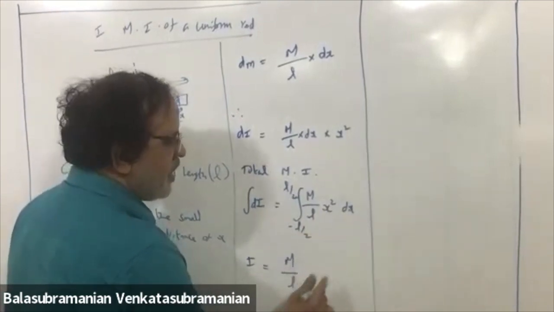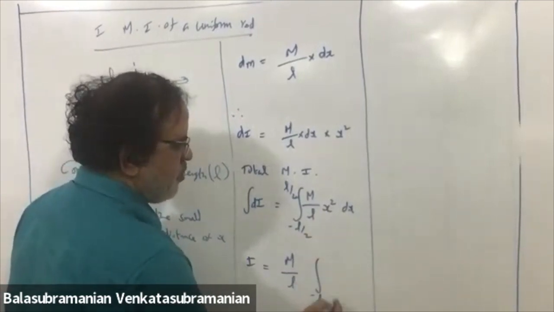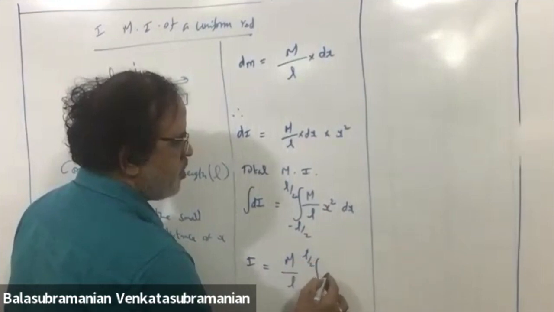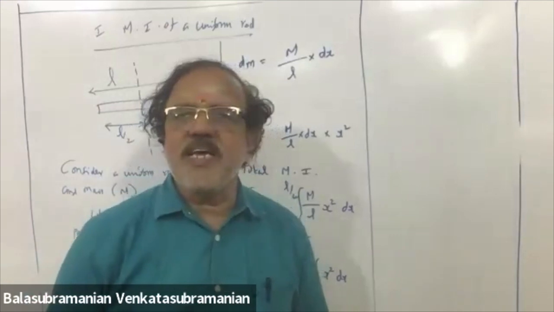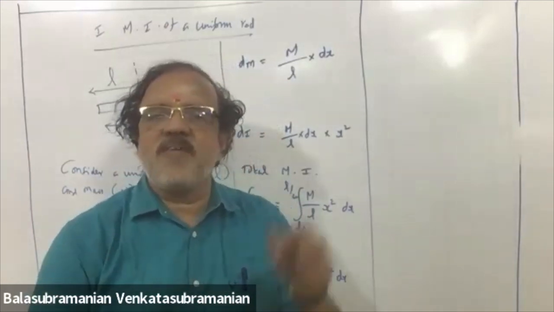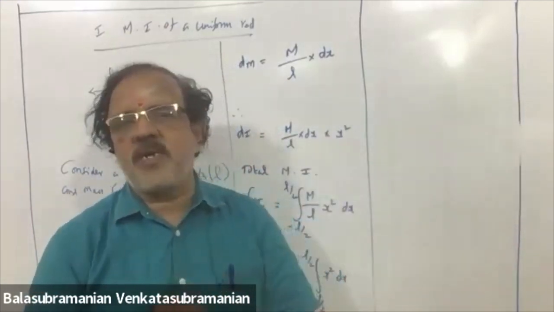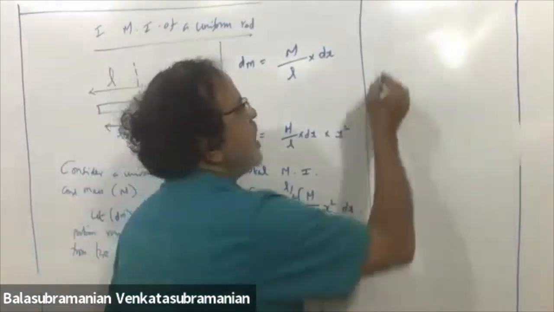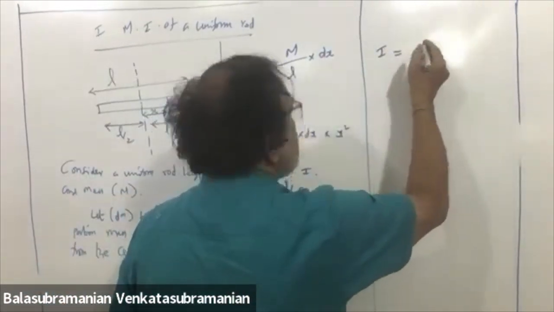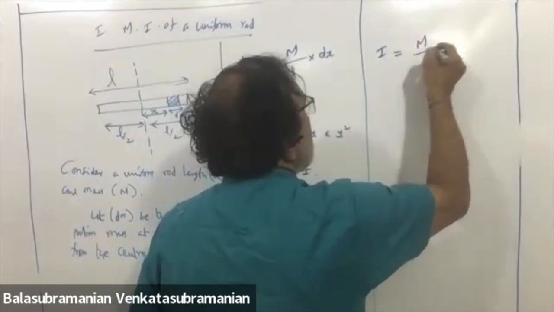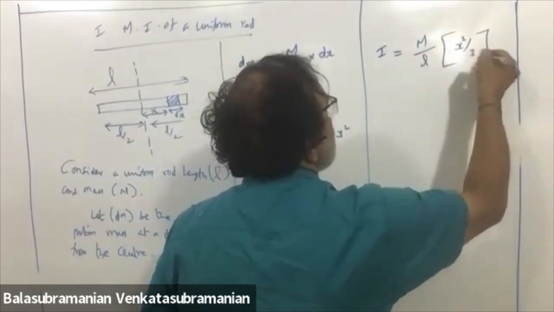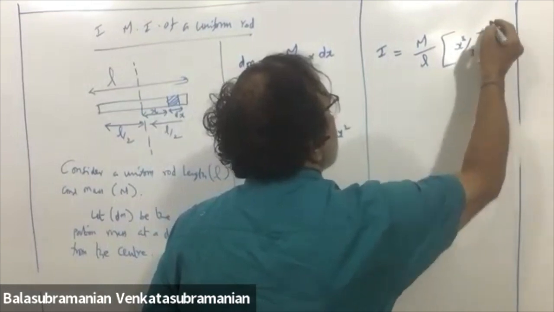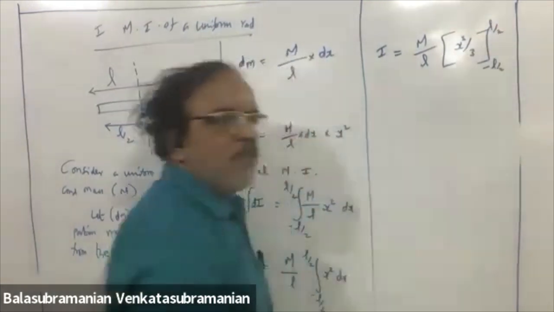Integral of x square dx, minus L by 2 to plus L by 2. X square dx integration is x power n plus 1 by n plus 1. So I is equal to M by L into x power 3 by 3, with limits minus L by 2 to plus L by 2.